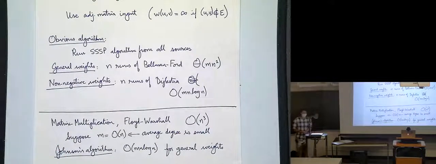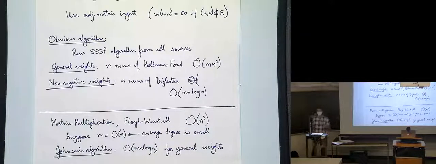But the annoyance is that this only works when you want all pairs. If you only want a single source, then this is too much. So it doesn't let you circumvent the problem of Dijkstra for a single source, but it allows you to circumvent it when you want to do all sources together.